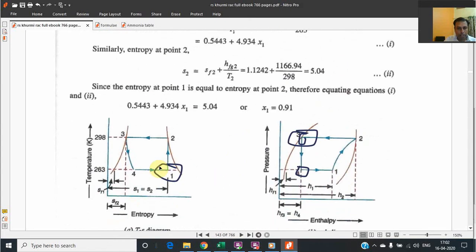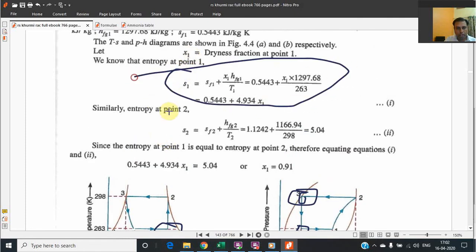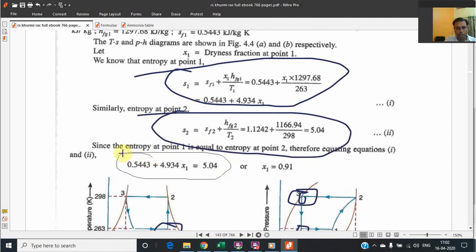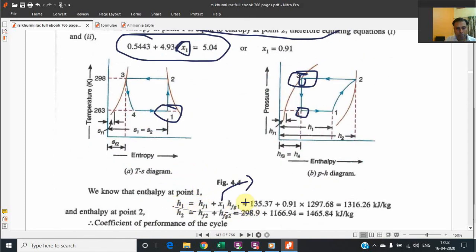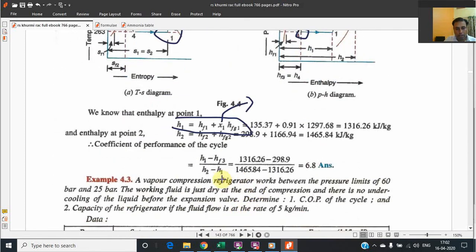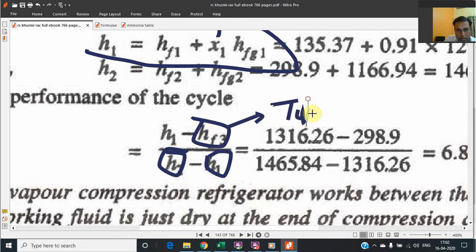What equation have they generated? They have equated the entropy at 1 to the entropy at 2. Means they obtained the entropy at 1, obtained the entropy at 2, equated the 2, and by solving this equation they get X. And from this X they get the enthalpy H1. All the hard work is to be done to obtain H1 and H2 only. HF3, you don't have to do hard work. It will be obtained from the table.